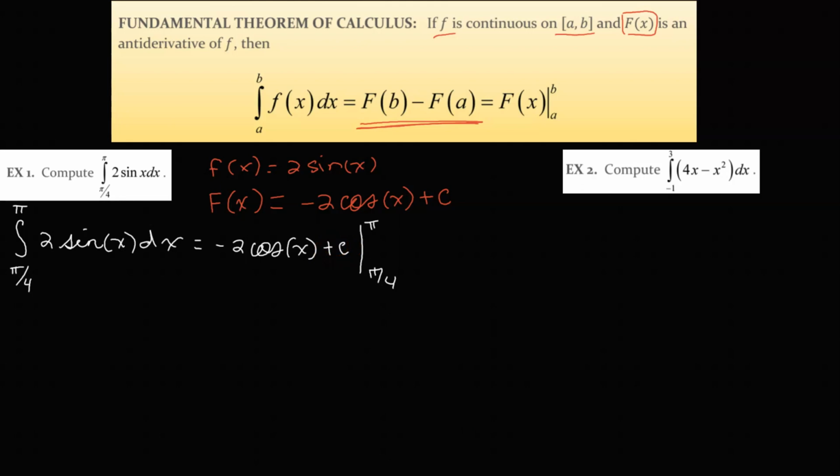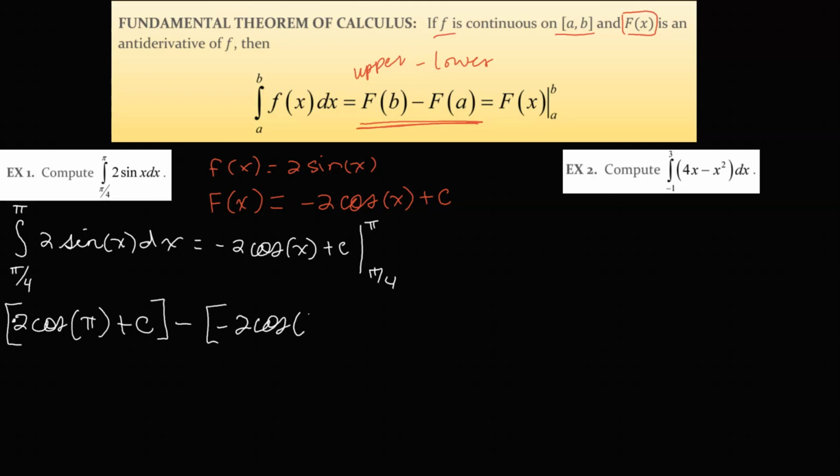In this case, pi is the upper limit and pi over 4 is the lower limit, right? So the fundamental theorem of calculus says upper minus lower. So we will have negative 2 cosine of pi plus c, minus negative 2 cosine of pi over 4 plus c.